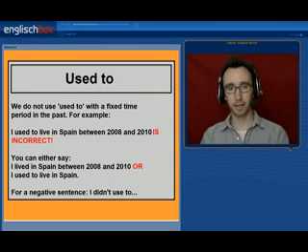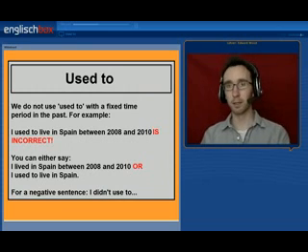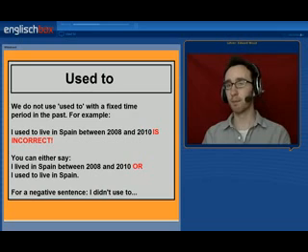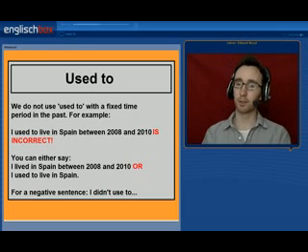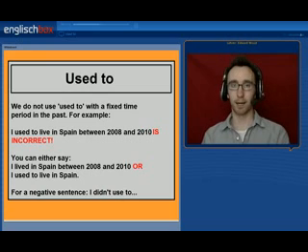Moving on to the next slide. 2 points here. Firstly, we do not use a fixed time period or fixed time expression with "used to". So we cannot say, I used to live in Spain between 2008 and 2010. Here we would simply use the past simple.